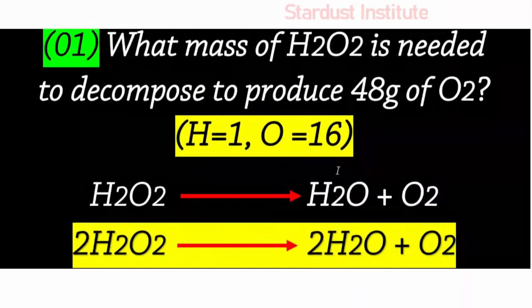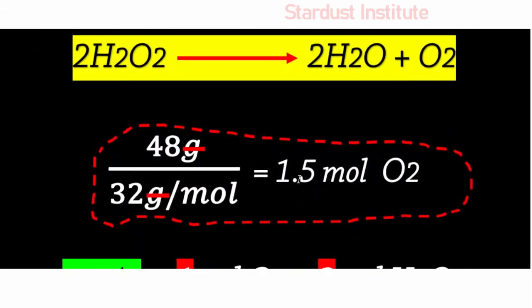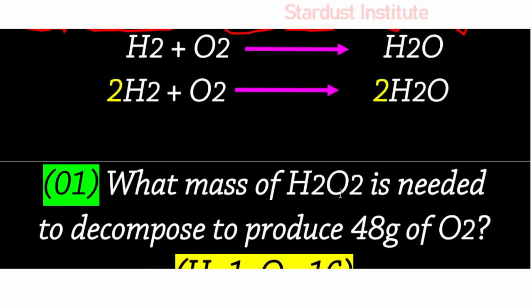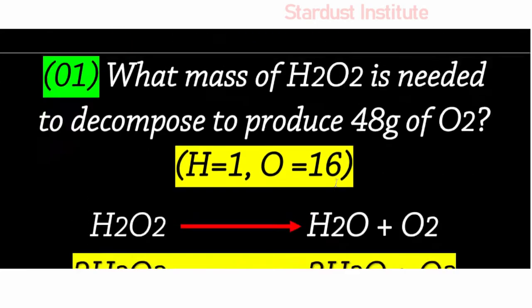Now we need to produce 1.5 moles of oxygen. What mass of hydrogen peroxide is needed for that? We have to find it.